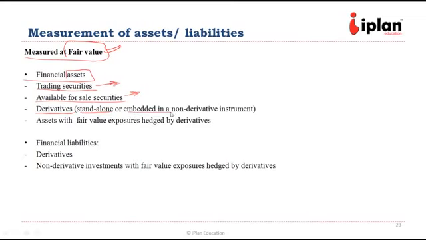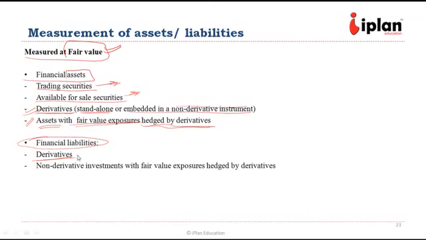Then the derivatives. They could be standalone derivatives or they could be embedded in another non-derivative instrument. In that case, they also have to be put at fair value, the market value of the derivatives. On the same lines, the assets with fair value exposures which are hedged by derivatives will be put at fair value, since their exposure has been hedged by the derivatives.